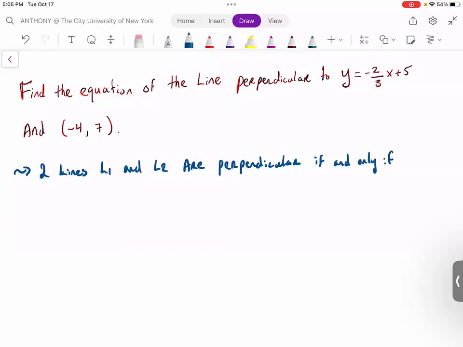The slopes must be negative reciprocals of each other. So two lines L1 and L2 are perpendicular if and only if the slopes are negative reciprocals of each other.